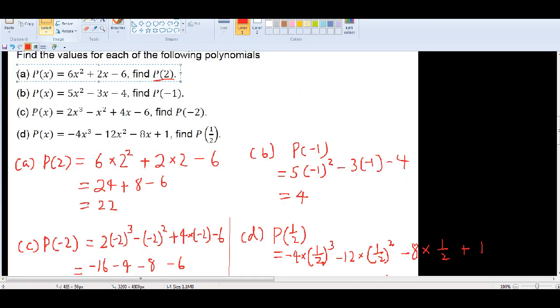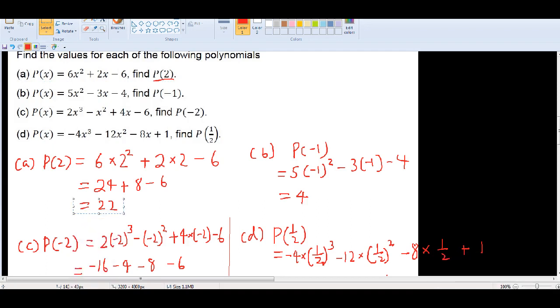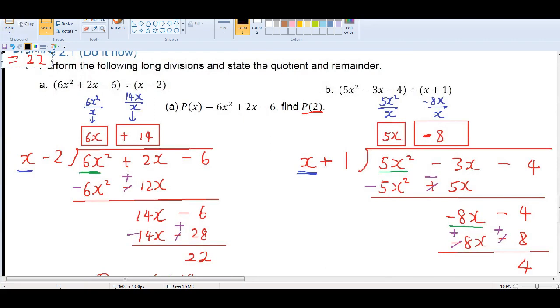You got 22 again. So what does it mean? Instead of doing all the long division to get the remainder, possibly I just substitute 2 into x, then I'm going to get the same value as the remainder.